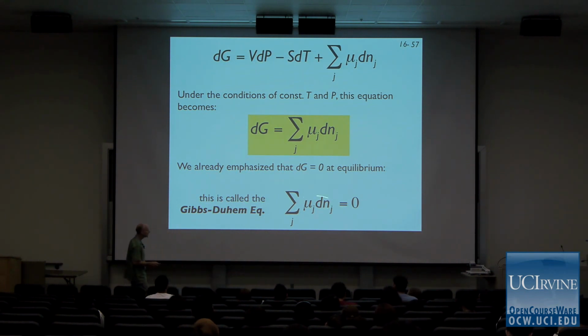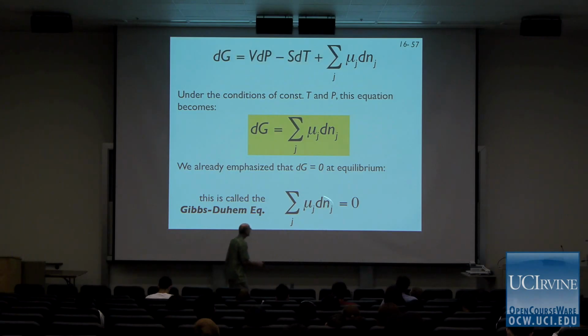So this equality has to be satisfied at equilibrium. In other words, things can move around in a system at equilibrium, but this equality has to be satisfied. In other words, this summation cannot change. It's got to be equal to 0.